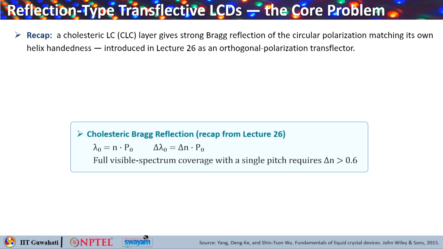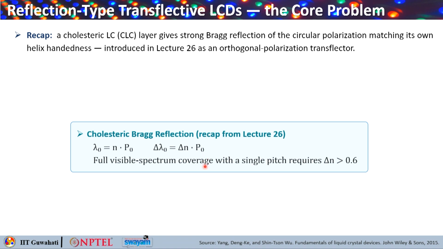LCD pixel. So if you have a quick recap of the two governing relations from the previous lecture: the Bragg center wavelength, lambda naught, is equal to the average refractive index times the helical pitch, P0, and the reflection bandwidth, delta lambda naught, is equal to delta n, the liquid crystal birefringence, times P naught, the helical pitch.